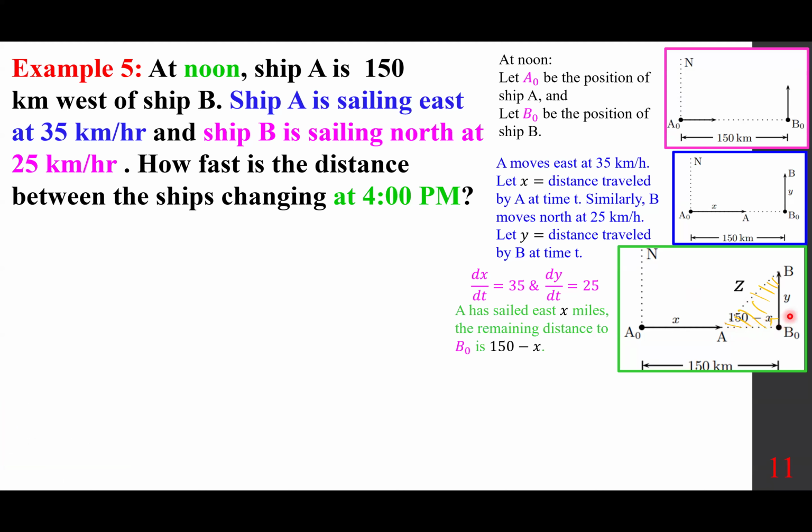This side is y squared equals hypotenuse z squared. That's what we are going to use. But we are going to rewrite this information as follows. dx/dt is 35 kilometers per hour. dy/dt is 25 kilometers per hour. t is 4, from noon to 4 p.m. Find dz/dt.